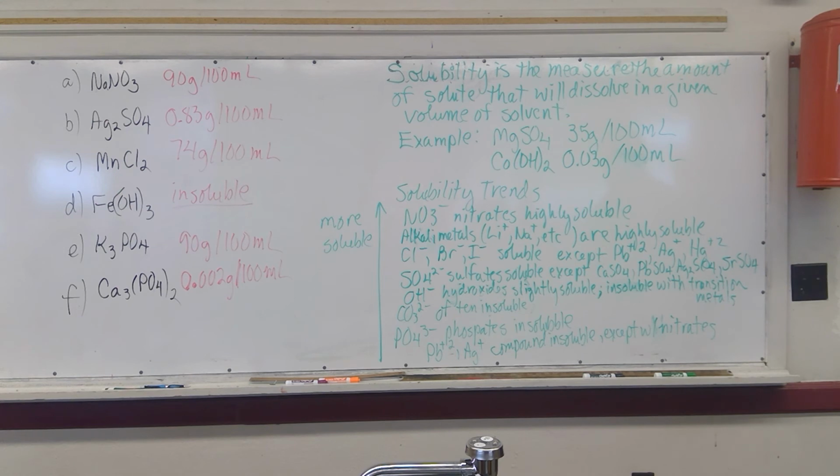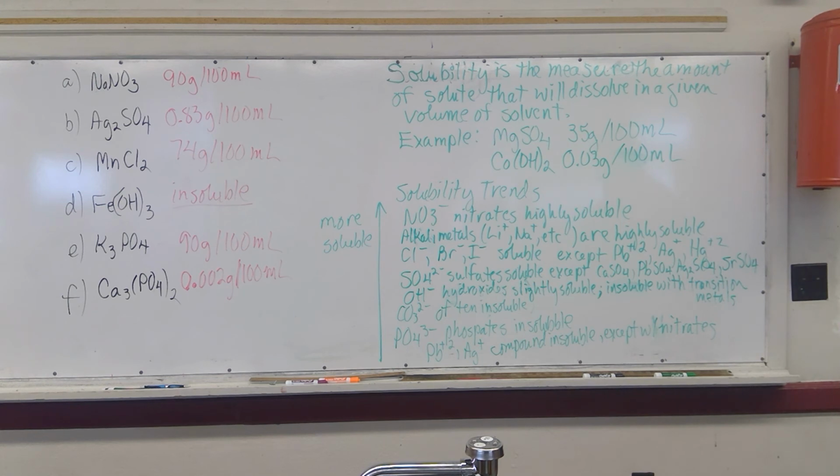Iron hydroxide fits the classic pattern of a hydroxide with a transition metal, and it is, for all intents and purposes, insoluble under normal conditions: room temperature, normal pressure, neutral pH water. We would have to acidify this water significantly to get the iron to dissolve.